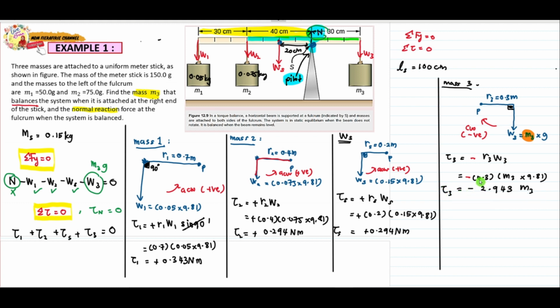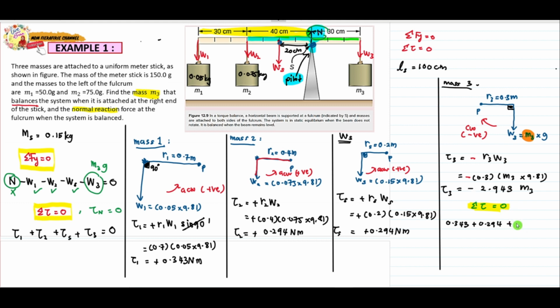Okay, so since the system is balanced ataupun equilibrium, so let's write total torque is equal to 0. Okay, so kita dah kira semua tadi. Torque 1 plus torque 2. So jom kita tambah. Torque 1 is 0.343 plus torque 2 is 0.294 plus torque 3.